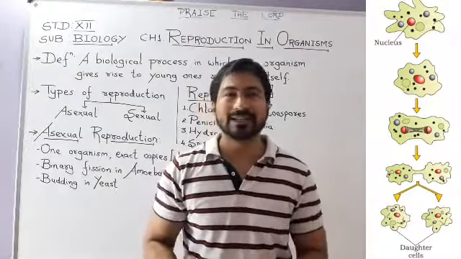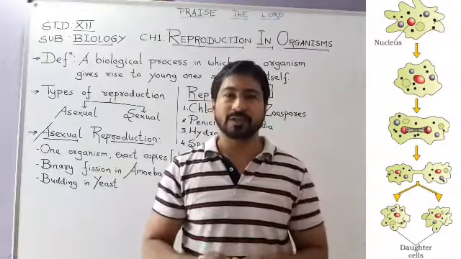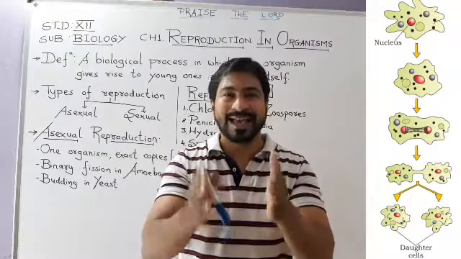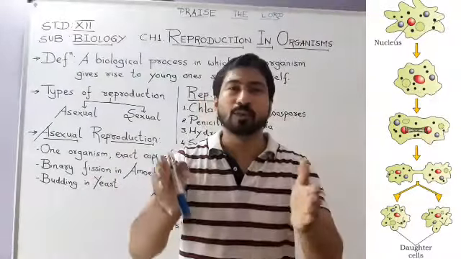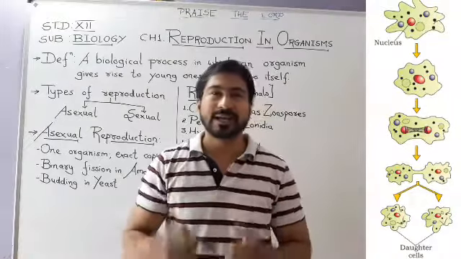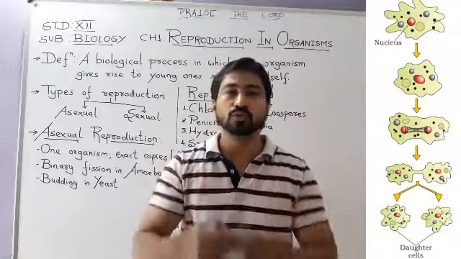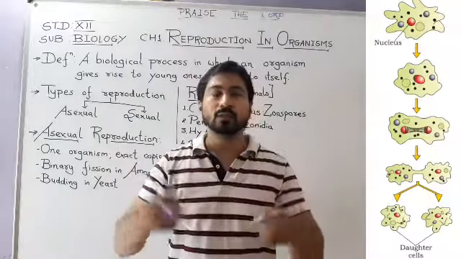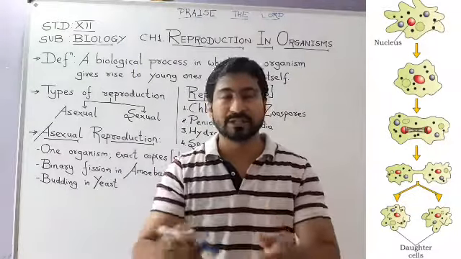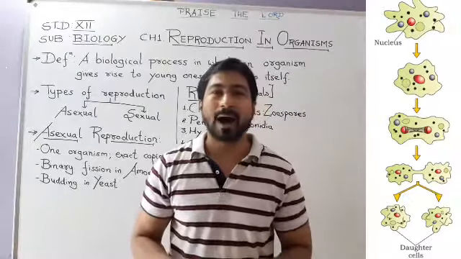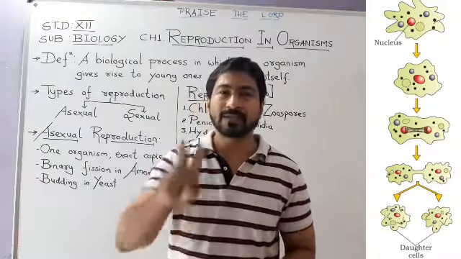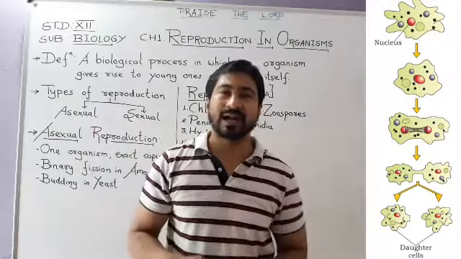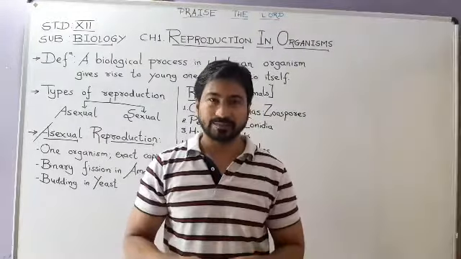That is said to be cytoplasmic division. So first the nuclear division and then the cytoplasmic division takes place, giving rise to two amoebae. So from one amoeba, two amoebae are generated, and that is binary fission. Bi means two, so from one organism, two organisms are generated.